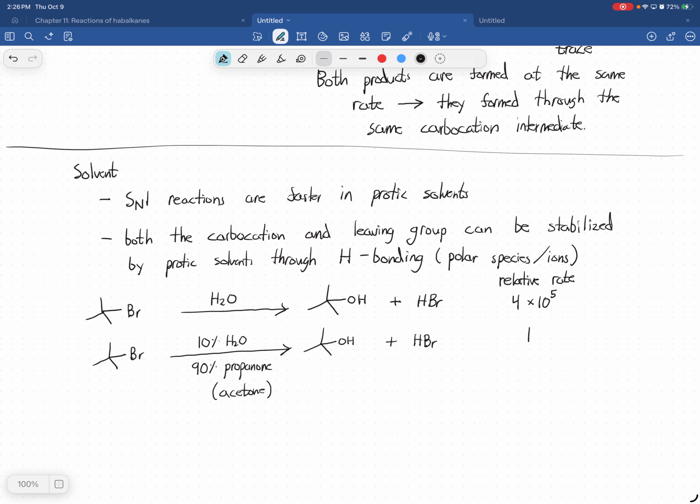So here, protic solvent plays an important role. That's why we use protic solvent instead of aprotic. In chemistry, you oftentimes need a polar solvent, and that helps stabilize parts of the reaction, namely the transition state.